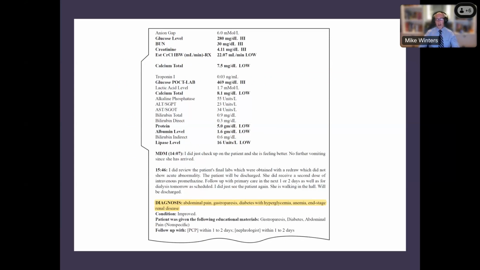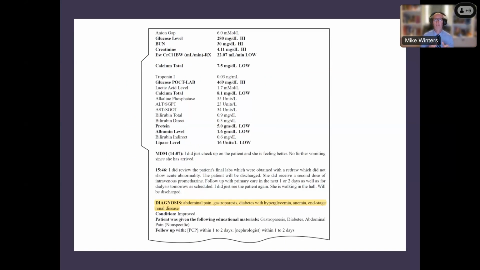So I do not like, as a general rule, shotgunning labs, obtaining a lot of things because I know that's going to lengthen my ED throughput. And I really want to specifically obtain a test that is going to help me answer a specific question for that patient.